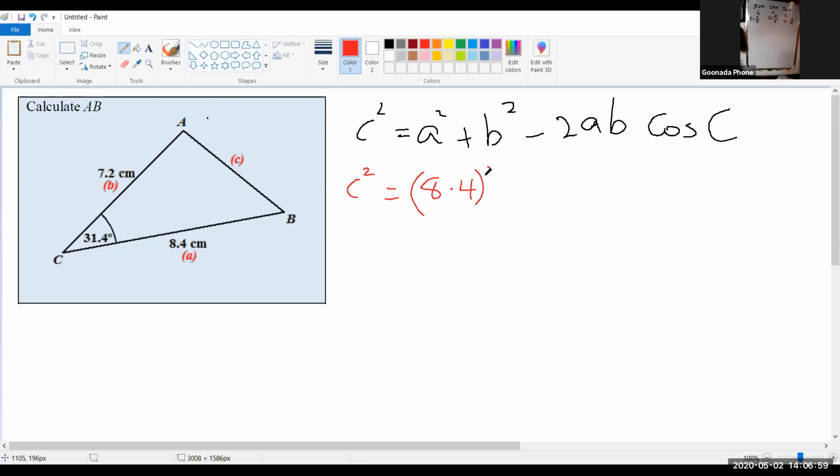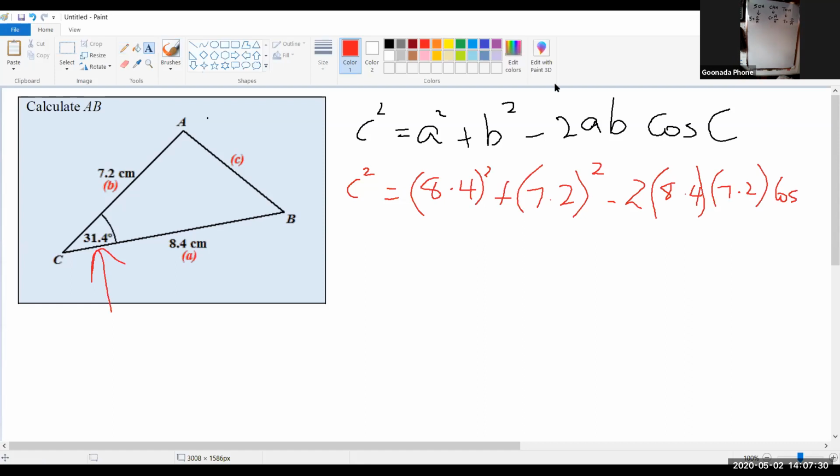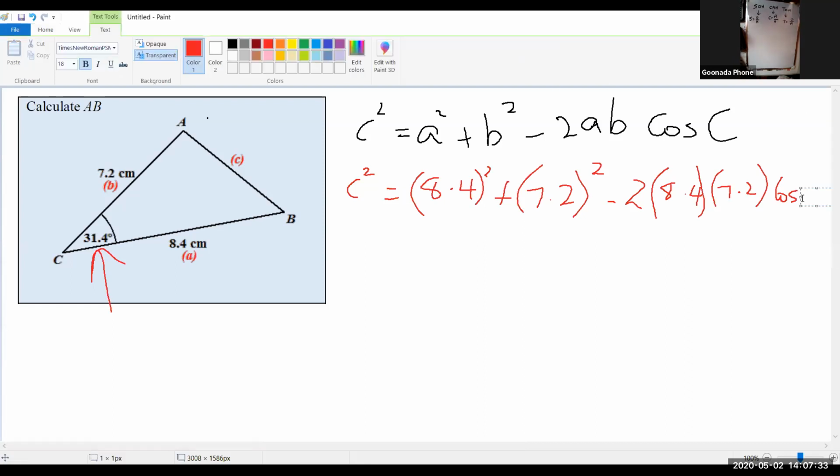So 8.4 squared plus b squared, which is 7.2 squared minus 2 into a, which is 8.4, into b, which is 7.2, cos c, and as you can see, c is 31.4. I can't write it in there, so I'm just going to type it in, right? So cos 31.4.